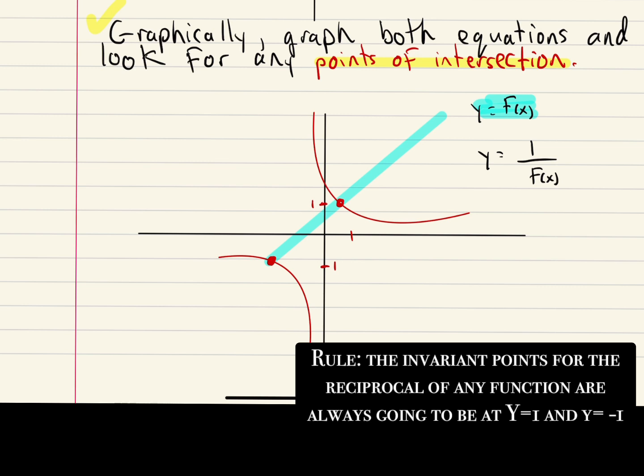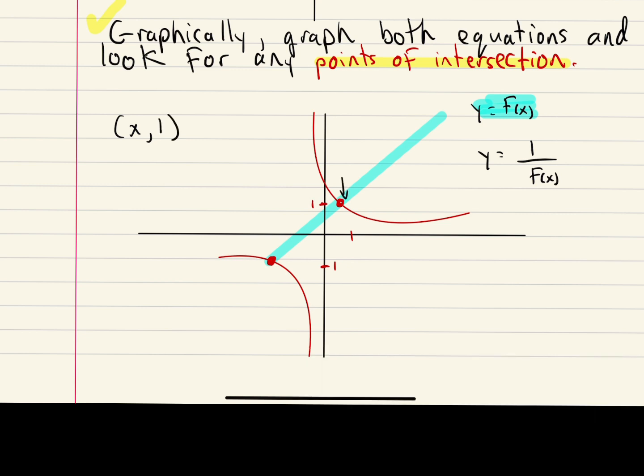It's going to be the x value, whatever that's going to be. I wrote intercept, but it's not always going to be the case. So it's going to be the x value, which is unknown, which we might have to solve for, and a y value of 1. And then the other will be an x value and a y value of negative 1.